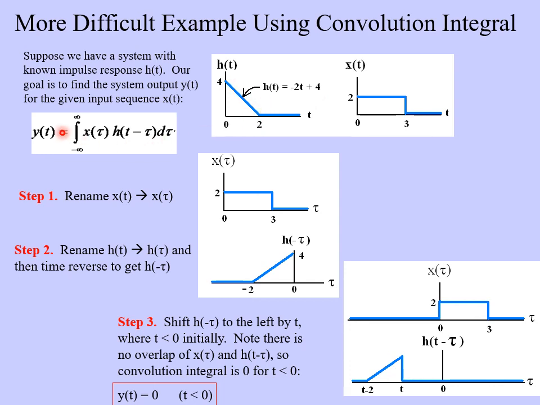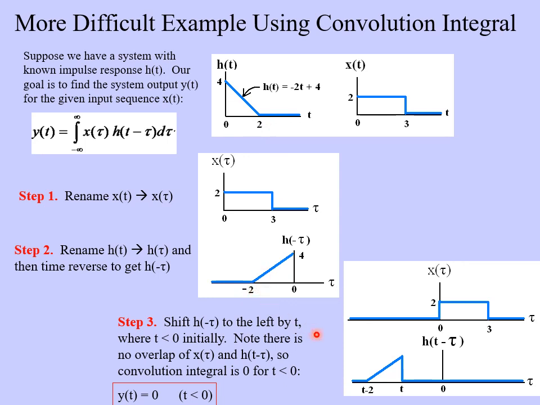So again, our goal is to find out what is the output of this thing. So we have to do the convolution integral. We're going to do a lot of the same steps that we did in the last problem. We're going to take x of t and turn it into x of tau just by changing the variable. We're going to take h of t and turn it into h of negative tau by flipping it, basically doing a time reversal. So instead of going to the right, it goes back to the left.